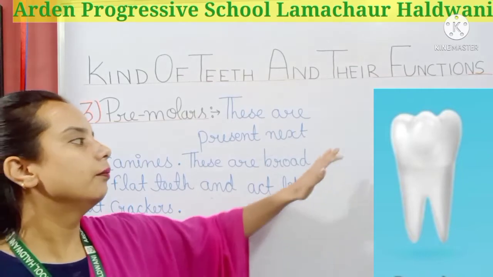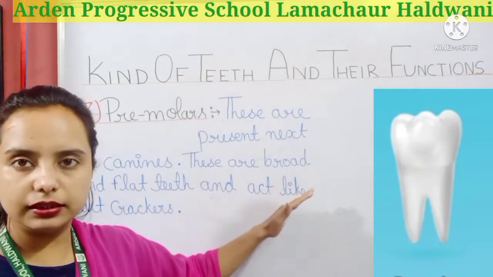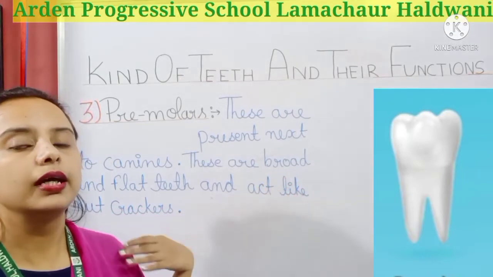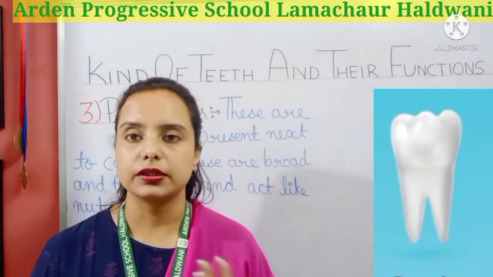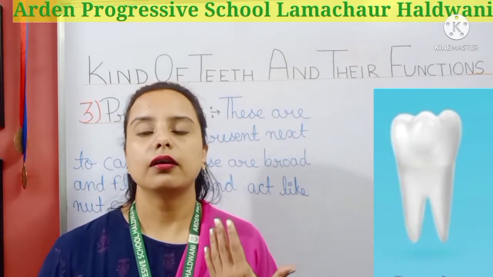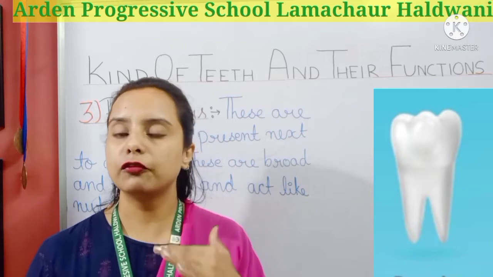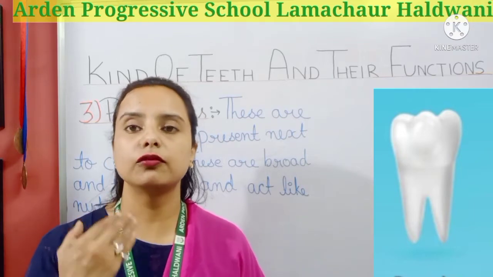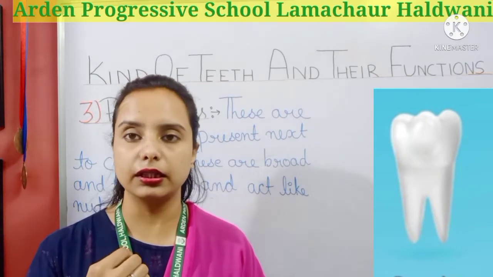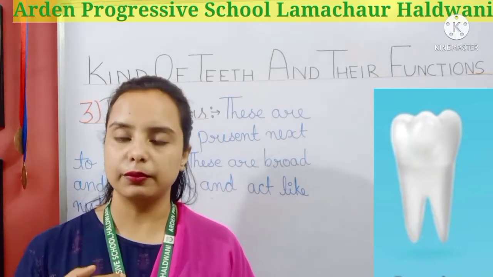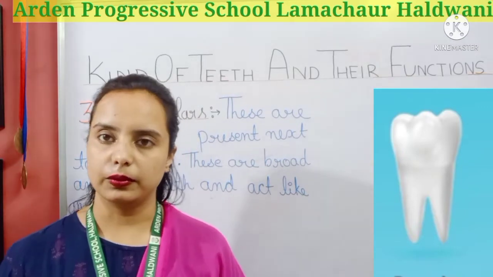These are broad, flat teeth, which are used to eat nut-like substances or to chew the food. To chew the food more finely into particles, we use our premolars and the molars.